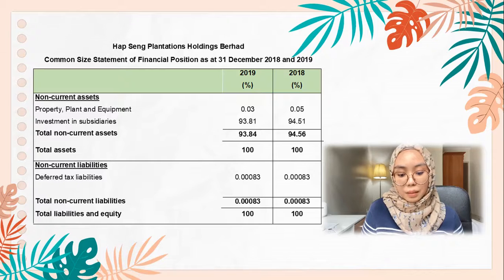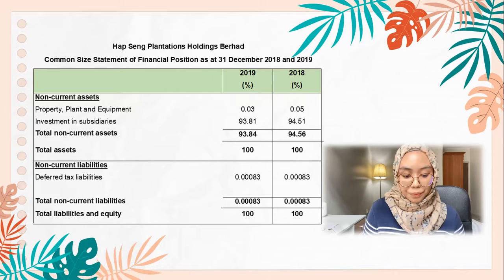The investment in subsidiaries in 2018 is 94.51% and it has decreased to 93.81% in 2019. Overall, the total non-current assets in 2018 is 94.56% and it has decreased to 93.84% in 2019.